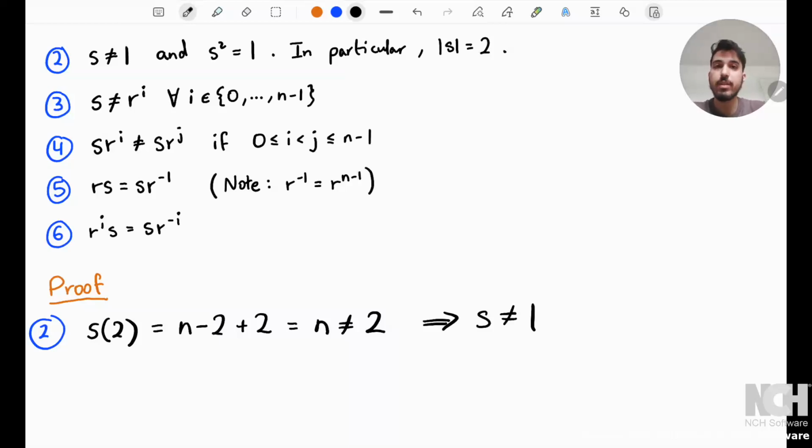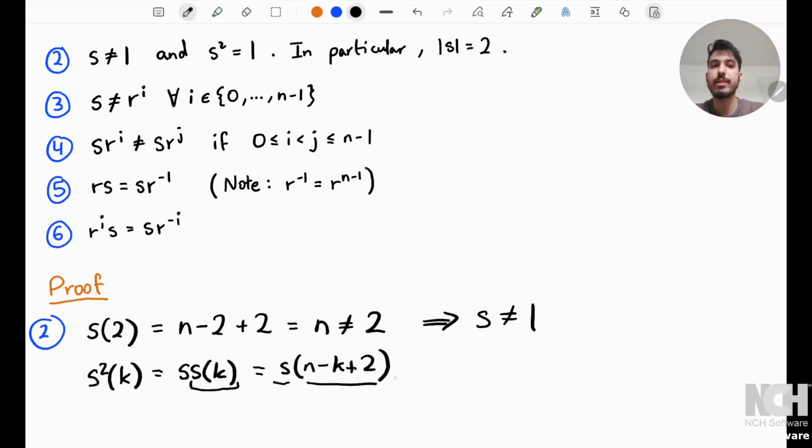What about S squared? Well, let's try that. S squared of any vertex k is equal to S of S of k. So we now use this reflection, and then we will use this reflection. The first reflection, S of k, gives me n minus k plus 2. And when we reflect this vertex, we get n minus k plus 2, which is this vertex here, plus 2.